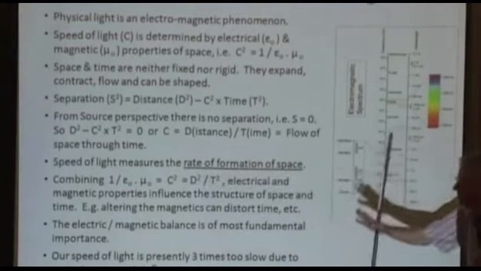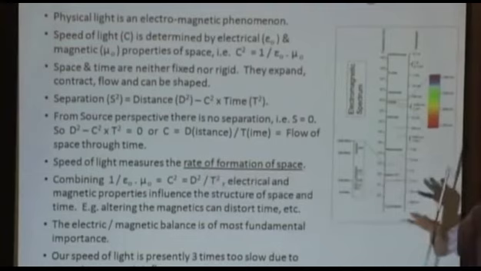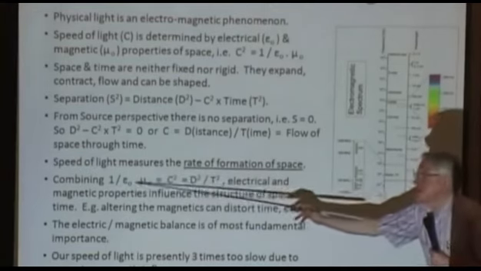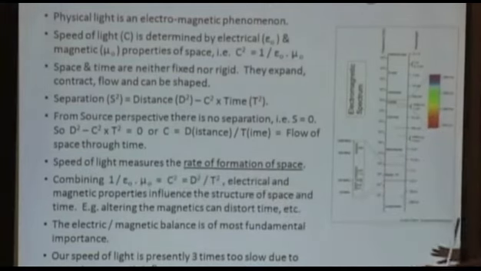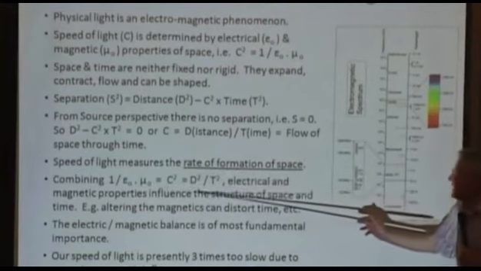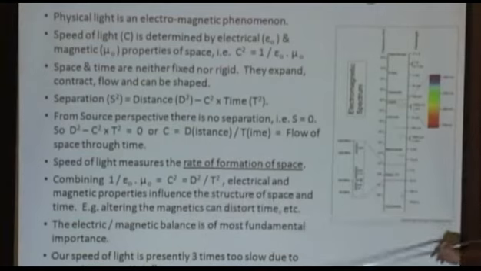This tells us how important the electrical and magnetic elements of creation are. They determine not only frequency, they determine the speed of light, and they determine the very nature, the very structure of space and time. So when these are messed around with, they mess up the whole structure of space and time. This gives us the clue as to how these distortions have been done.